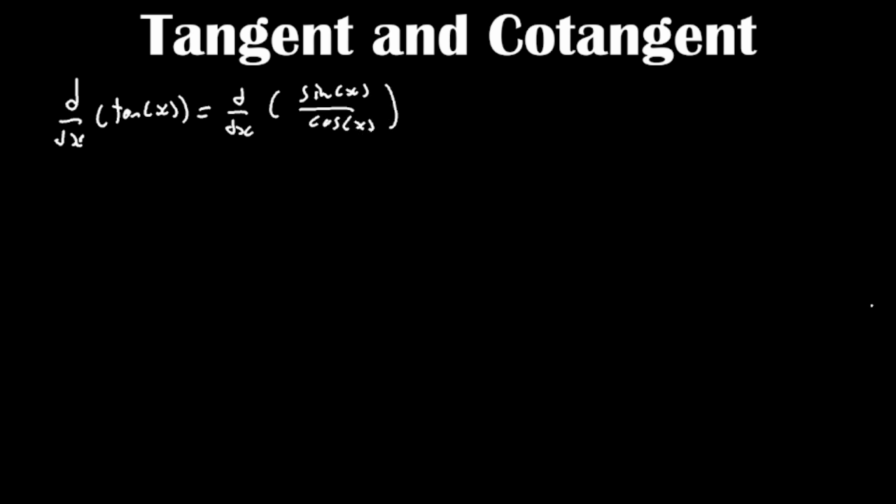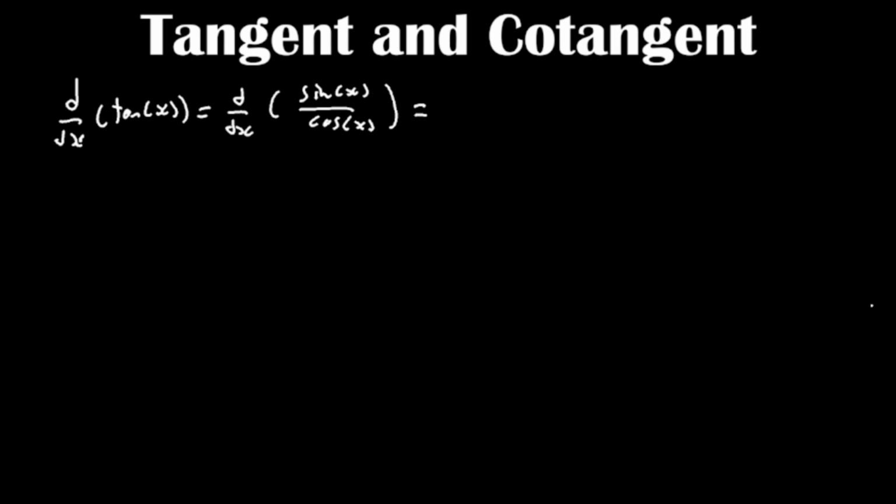Alright, now I'm going to go over the derivatives of tangent and cotangent. So, the derivative of tangent, that's going to be the derivative of sine of x over cosine of x. So we can actually use our quotient rule for this.